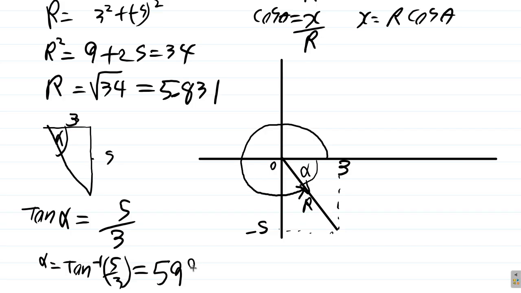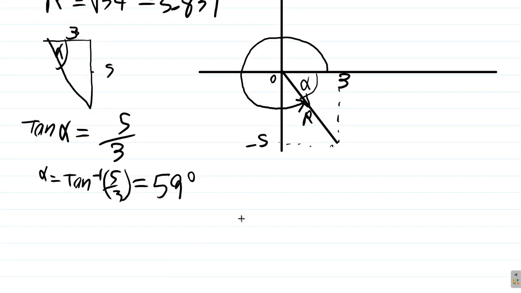But that's 59 degrees. If you go all the way around this way, what you will have for that angle is going to be 360.